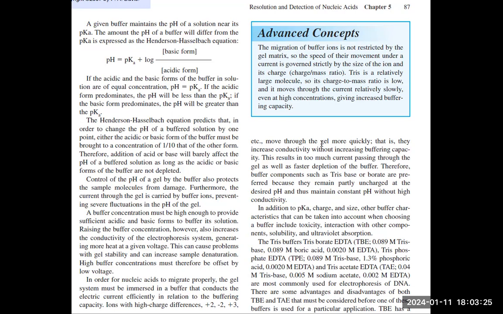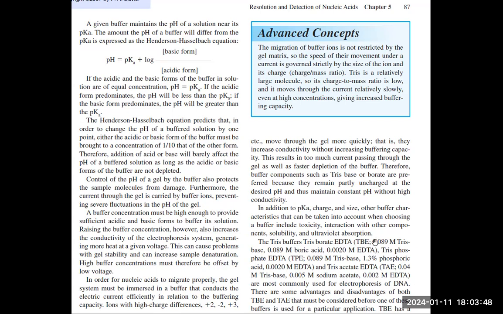That faster movement can increase conductivity without increasing buffering capacity. This will result in much current passing through the gel as well as faster depletion of the buffer. We really have to circumvent these problems, so we need to use trace buffers.